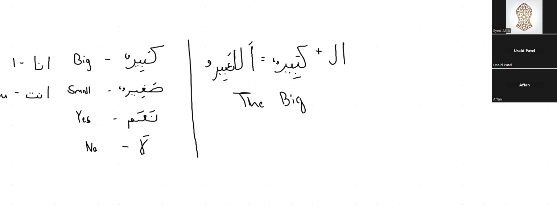Alif lam plus qirdun equals al-qirdu. So now we went from a monkey to the monkey.